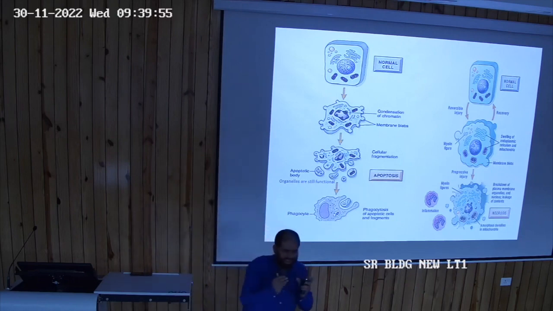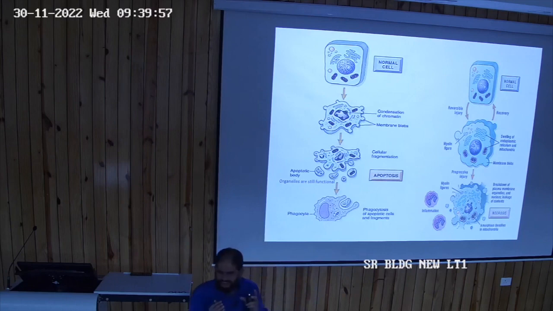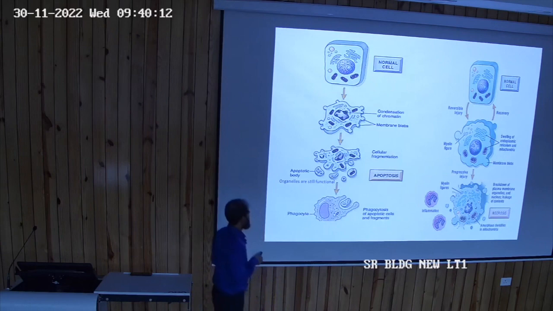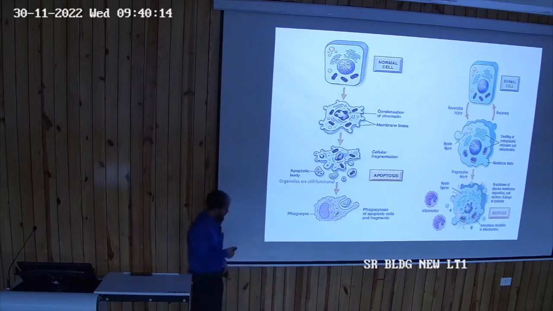Nuclear and DNA fragmentation. Fragment होने के बाद क्या होता है? There is chromatin condensation. This is an important point. Chromatin condense हो जाते हैं. Fragment होने के बाद chromatin gets condensed, है ना? And what happens is that it forms bodies. It sheds off its bodies. That is called apoptotic bodies.